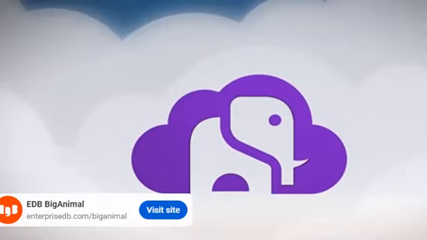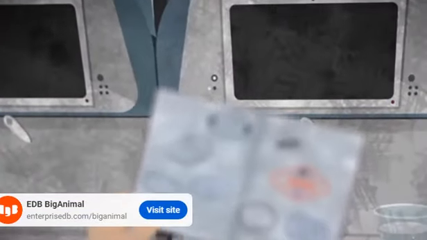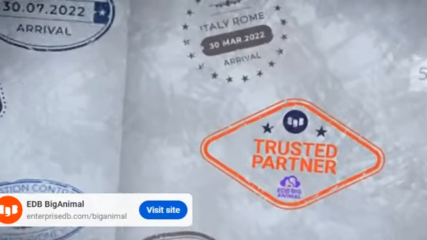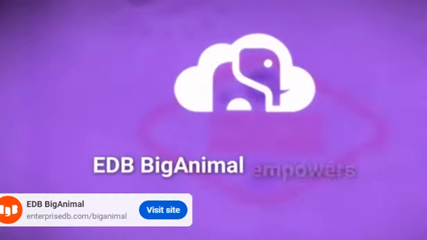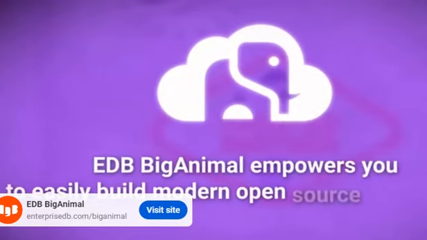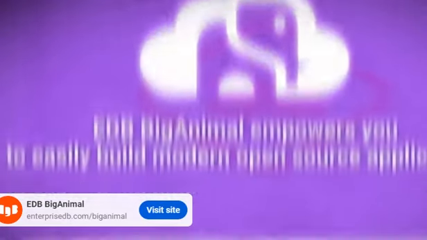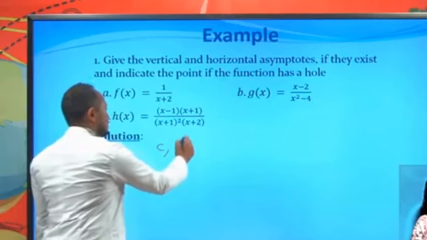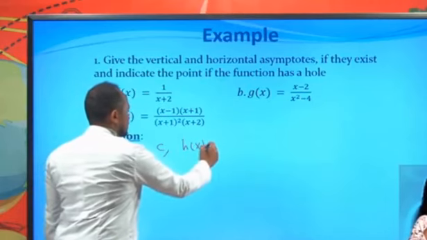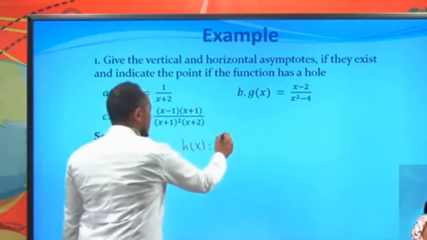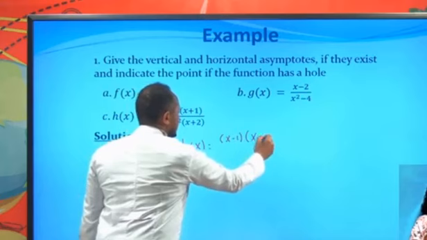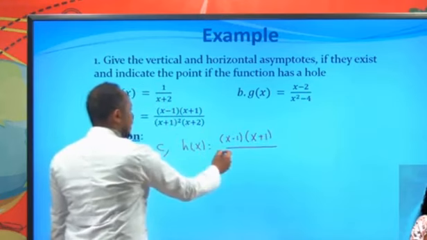Therefore, you will have x minus 1 over x plus 1 times x plus 2 squared. Again, minus 1 makes the denominator 0 but not the numerator. Therefore, the function has a vertical asymptote at minus 1, not a hole. So not only x equals minus 2, but x equals negative 1 is also a vertical asymptote.